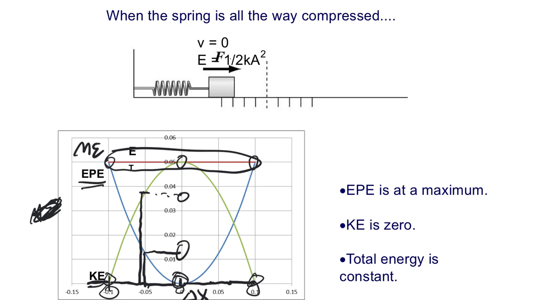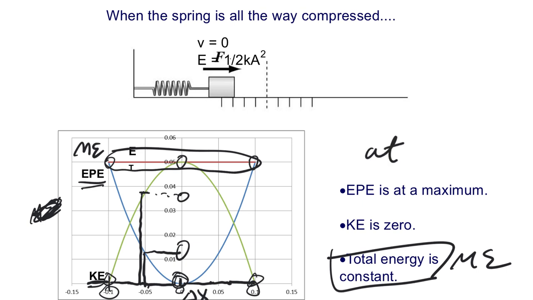Okay? So ME is constant. So they're talking about right here at the equilibrium position. No. Sorry. At the amplitudes. KE is 0, and you can check that out for yourself.